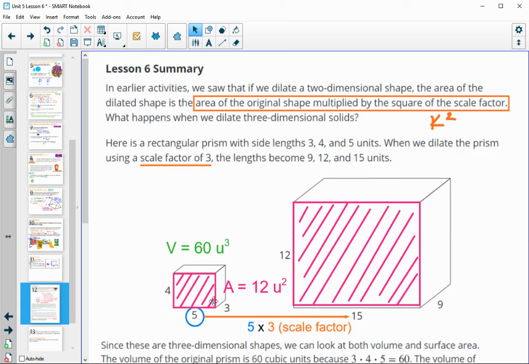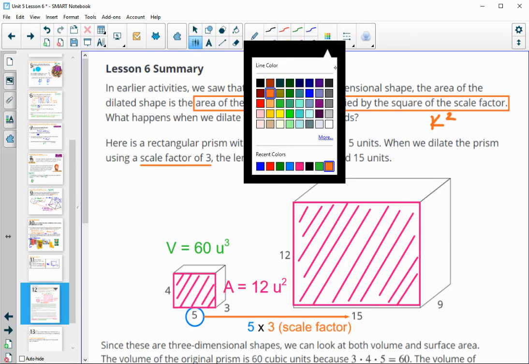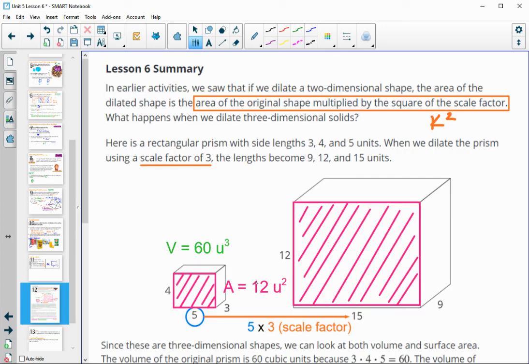The area of this side panel here, I have that labeled wrong on here, so this should really be 20, because it's the 4 times 5. So that's going to be multiplied by a scale factor of 3 squared.